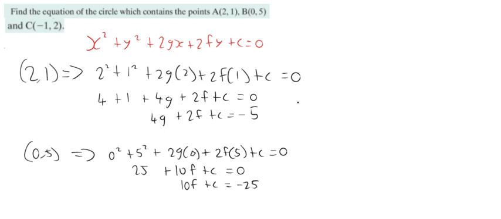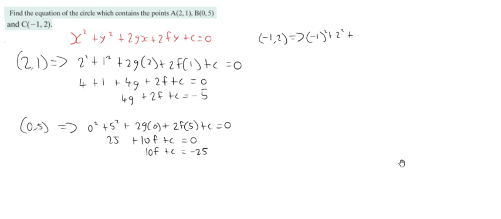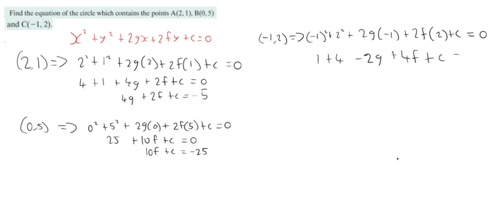And then I'm going to sub in (-1, 2). (-1)² is 1, and we get 4 there, then -2g + 4f + c = 0.